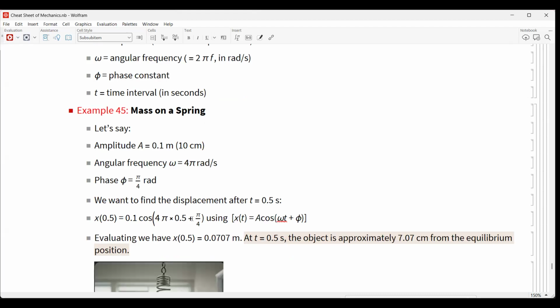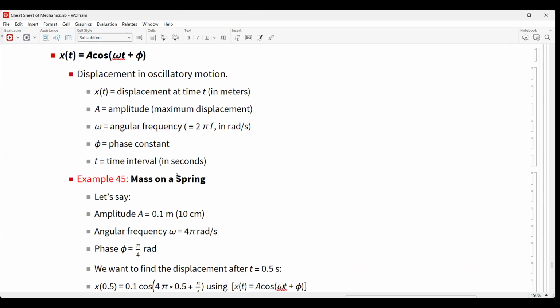We want to find the displacement after 0.5 seconds. So by substitution here, so we have 4 pi. This is equal to the angular frequency times 0.5 here. 0.5 is the time interval.